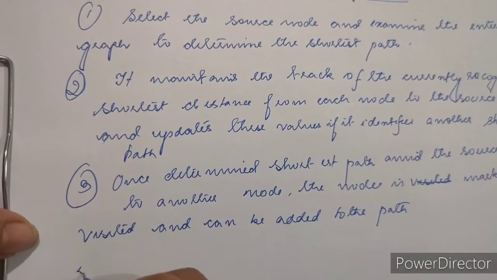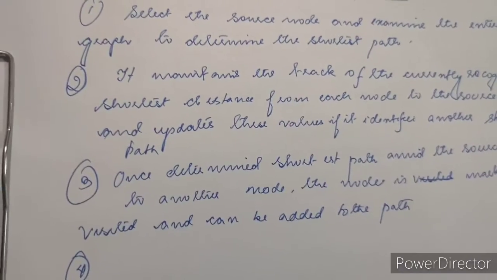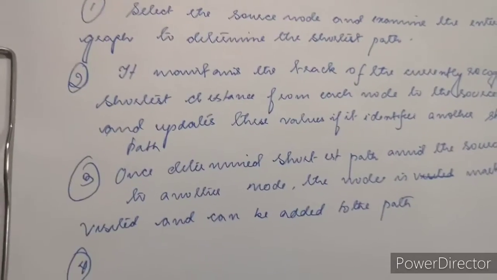And the fourth says that this process is going to be continued till all the nodes in the graph have been added to the path.